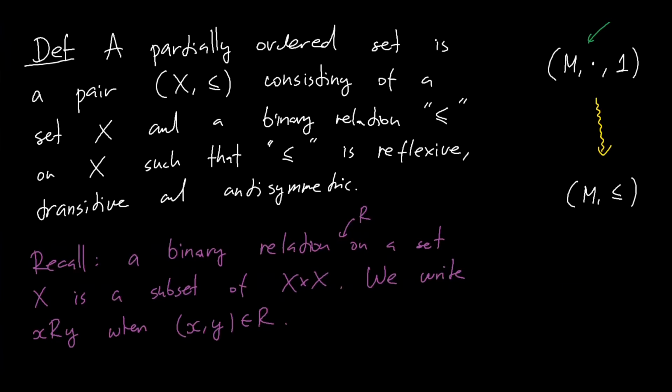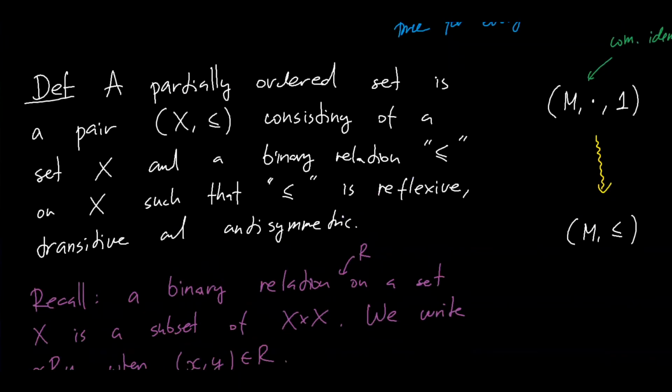In our case, our R relation is the less or equal relation, so our notation XRY becomes X less or equal to Y. So we started with a commutative idempotent monoid, and we ended up with a partially ordered set.